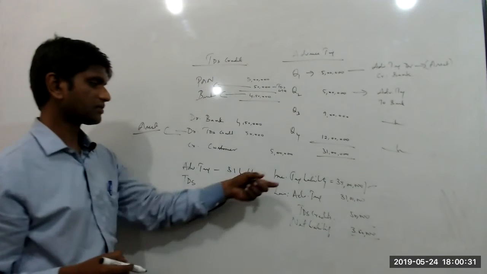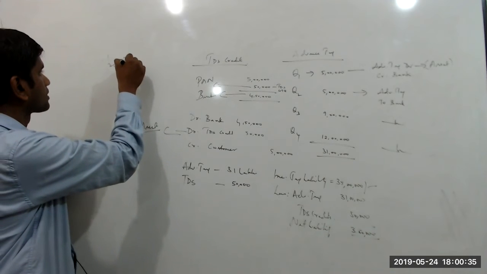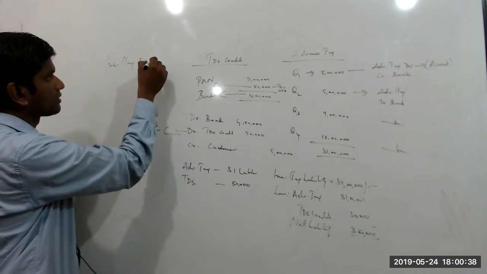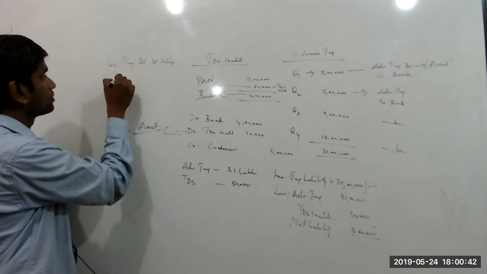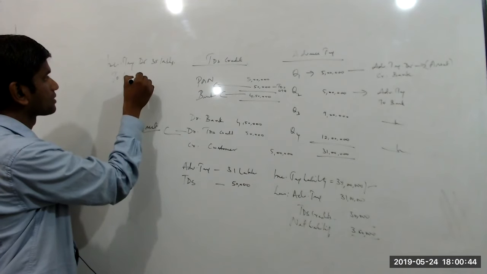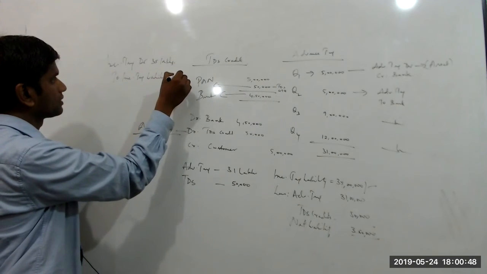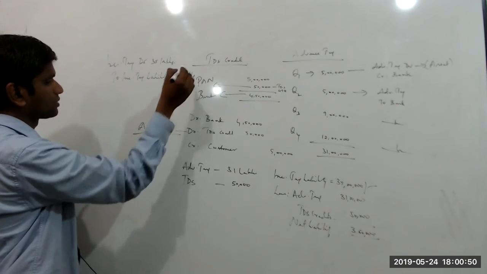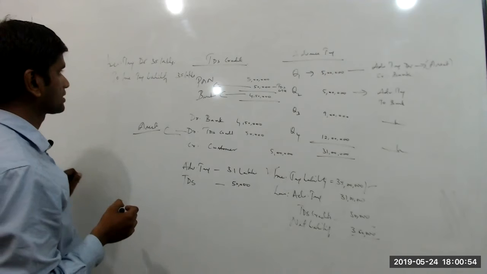So what are the entries for income tax liability? There is an entry: income tax debit 35 lakhs to income tax liability 35 lakhs. So this is the first entry for income tax, creating an income tax liability.